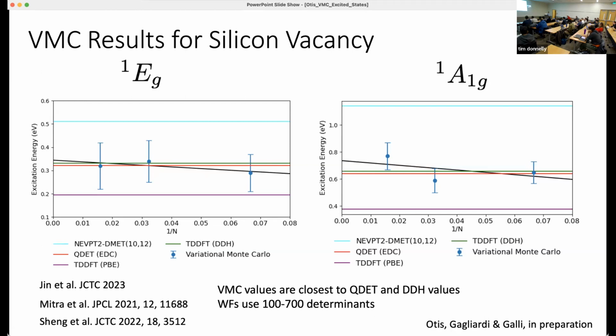The relevant configurations are all excitations within orbitals localized around the defect, and the bulk is not playing such an important role. And because I'm pursuing just excitation energy differences and needing a good balance between ground and excited state, that saves me a lot in being able to get away with much more modest wave functions.